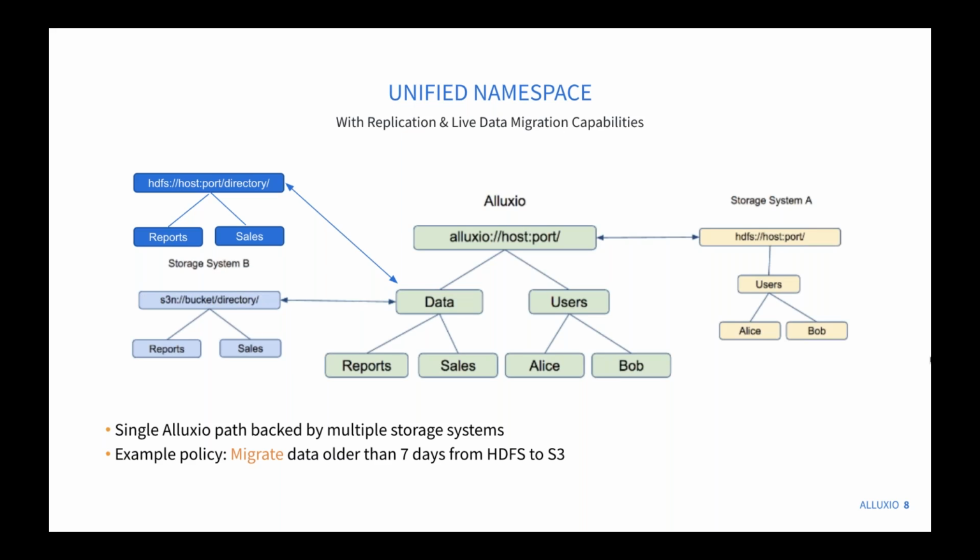In the background, this means that you can migrate from a hot tier to a cold tier while you're accessing the data. And this migration is live, so there are no interruptions to applications. This is a really powerful concept, which customers and users are using Alluxio for, so that they can migrate without interruptions to the application.